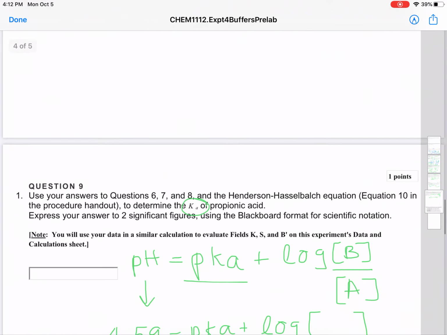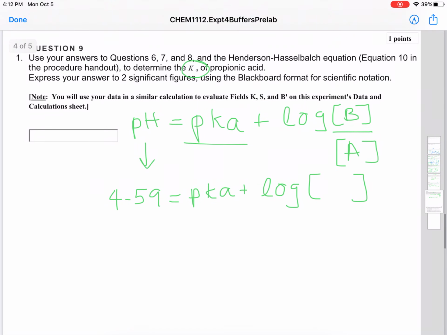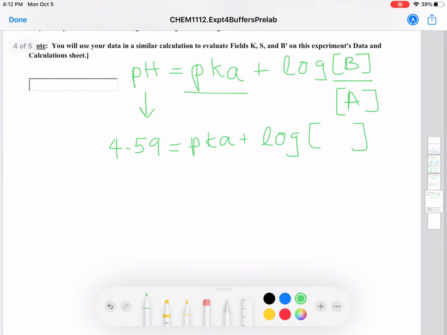So we use this information to find the pKa by plugging the numbers into the Henderson-Hasselbalch equation. The base, the conjugate base, was 0.0333, and the acid is 0.0667.